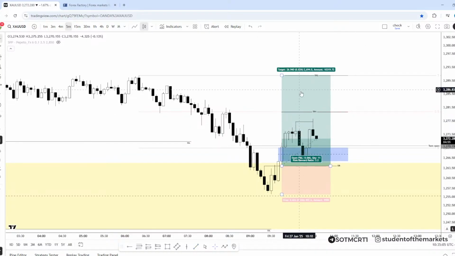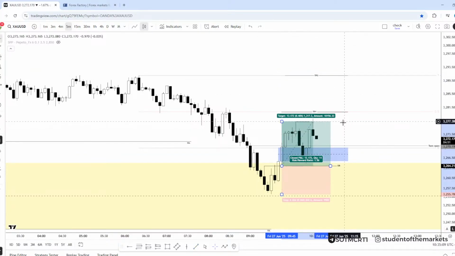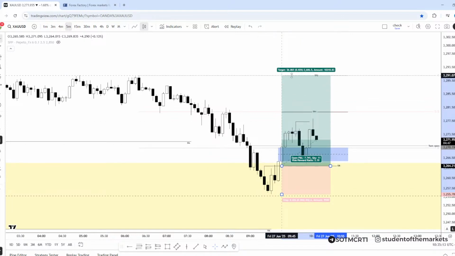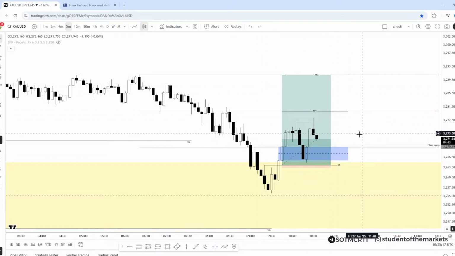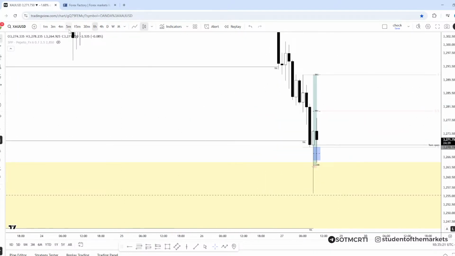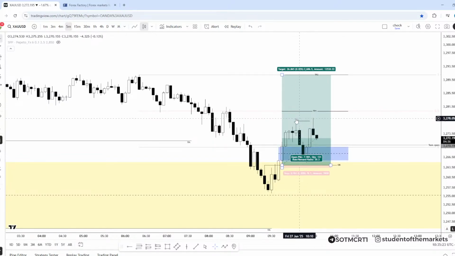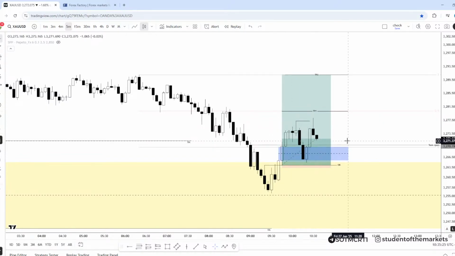So right here I have secured 60% of my position, 1.5R. Now I move my stop loss to break even and I leave it as it is because price did sweep the buy side liquidity once again. So it may just come lower, but let's see. Now it is a risk-free trade.